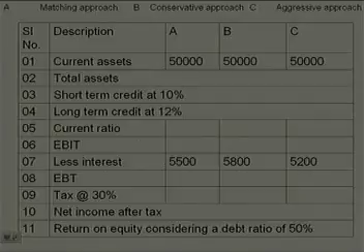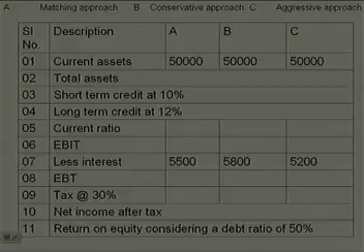So, I have worked out a small example in which I have given you the current asset values for the three approaches: matching approach, conservative approach, as well as aggressive approach. The different interest rates for the short term credit as well as for the long term credit are given.